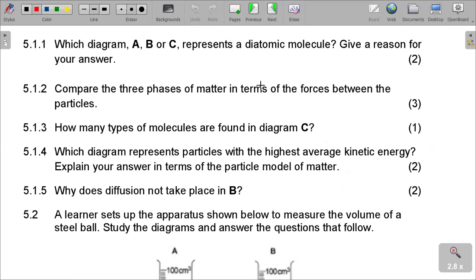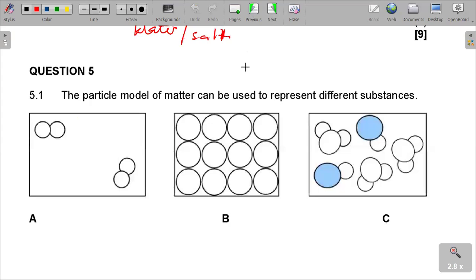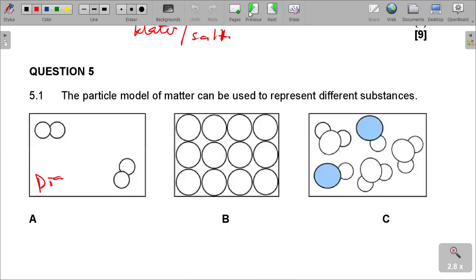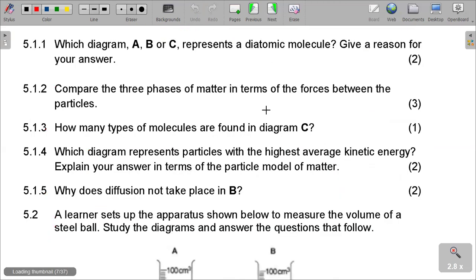A diatomic molecule can be represented by A because it consists of two atoms. It has two atoms.